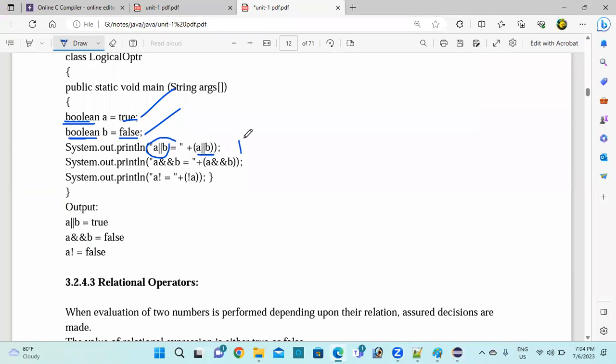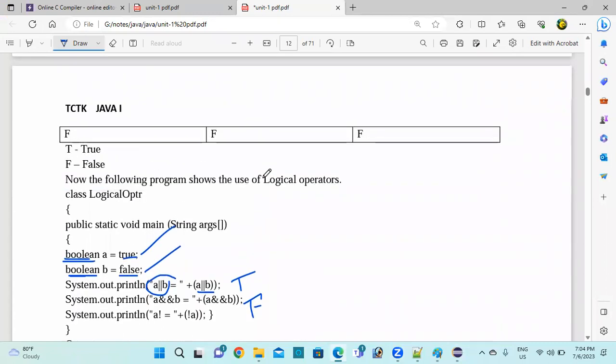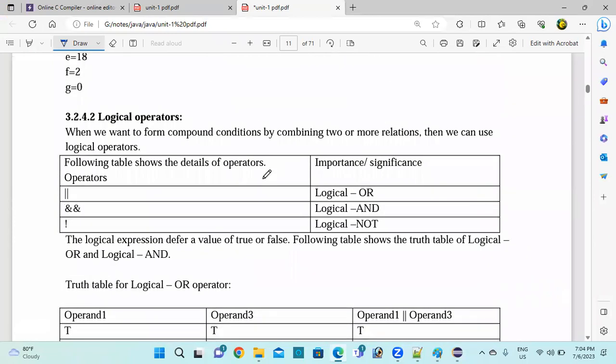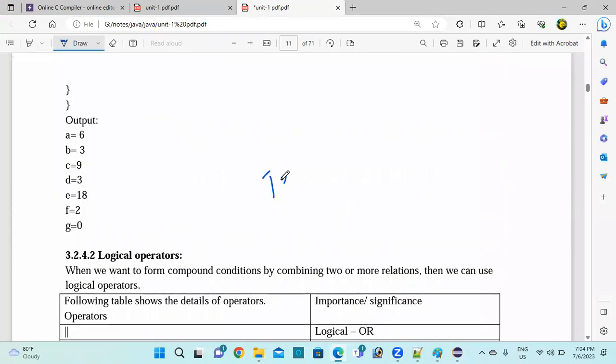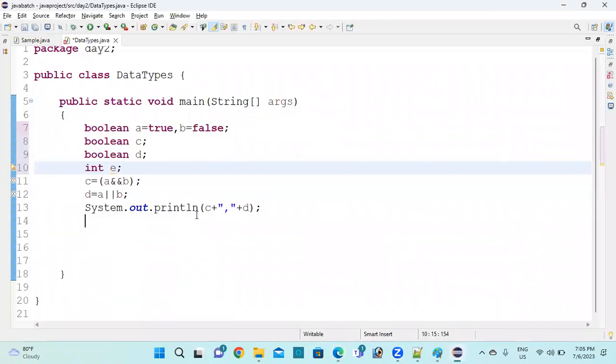True, false, true, true, false, false. Not A means false. Not true means false. Compulsorily here you are taking the input in the form of true and false only.